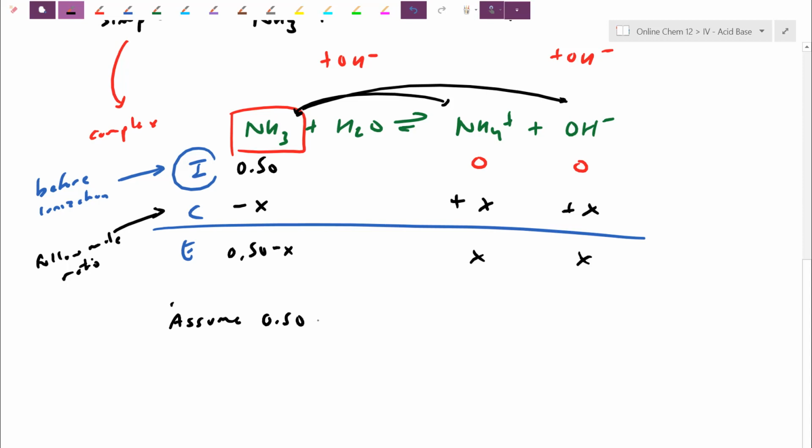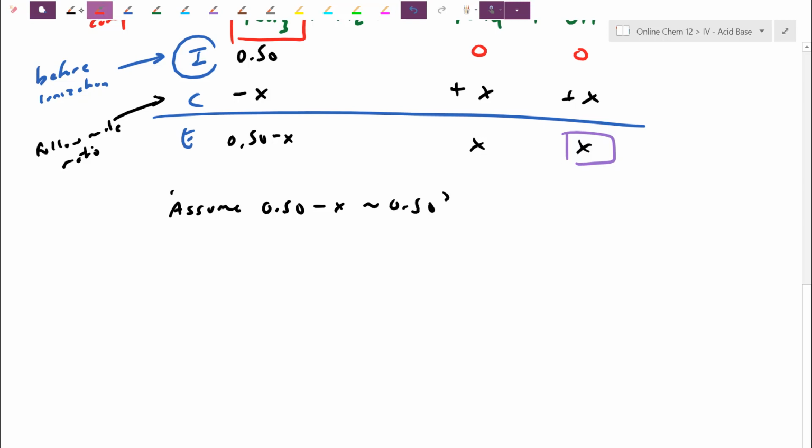Let's assume 0.50 minus x is basically 0.5. In some sense, I'm saying the x is so tiny that so little chips off from practically 0.50. Note, we are still trying to calculate what this tiny amount is, because that tiny amount will tell me the equilibrium concentration of hydroxide, and that will eventually help you find the pH. But let's just keep going here.